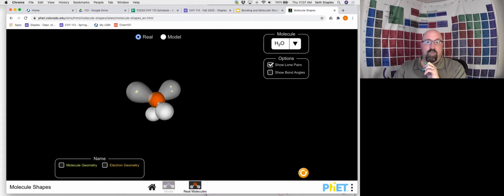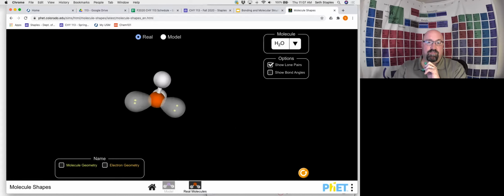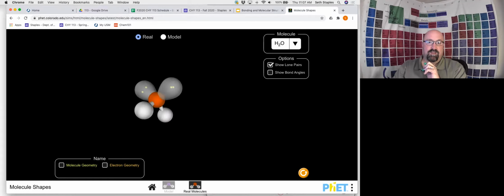Try to rotate this in such a way that we can really see what's going on here. Okay, close enough. So we've got 2 different geometries, and we're going to be talking about these and going over these.